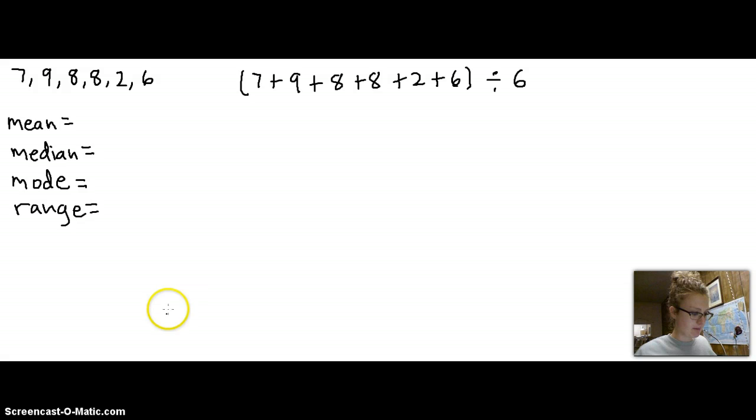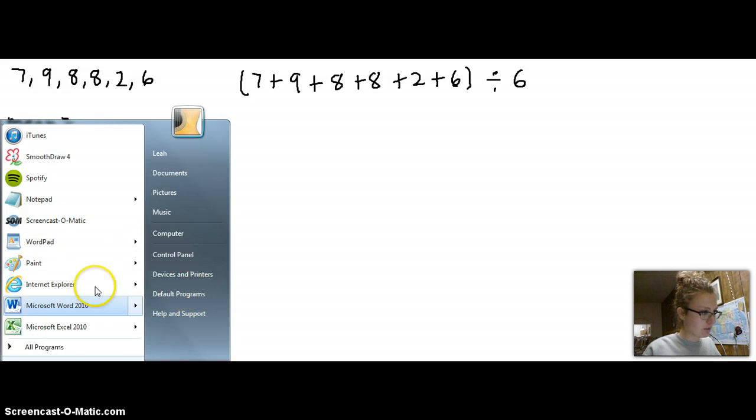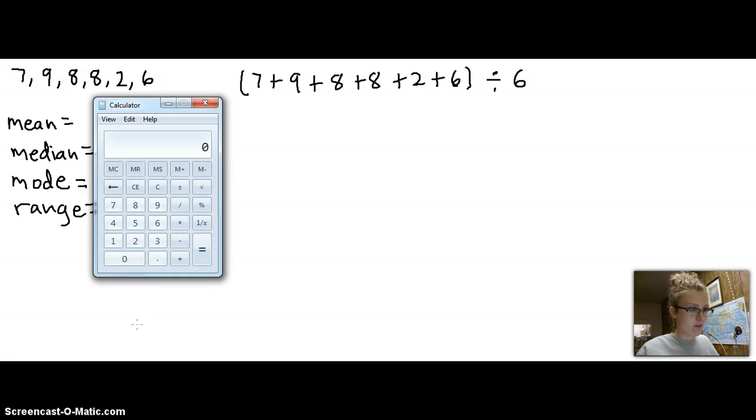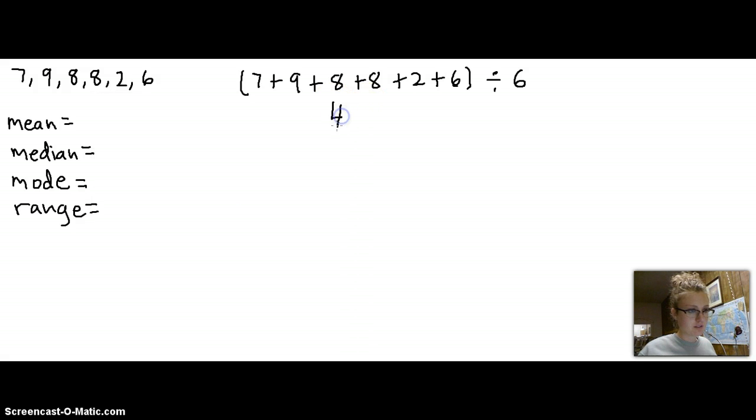Okay, let's grab a calculator and quickly do that. So, we can go 7 plus 9 plus 8 plus 8 plus 2 plus 6. All of that together equals 40. So, this is all equal to 40.